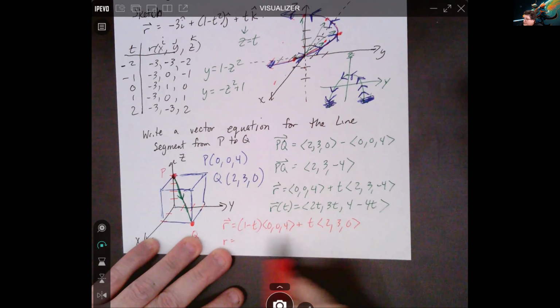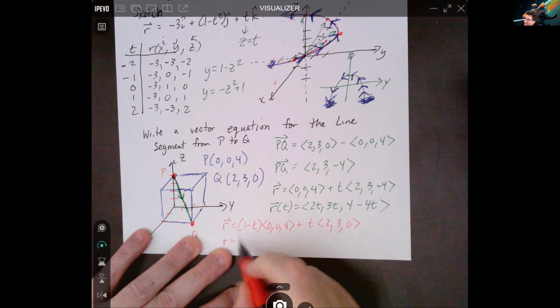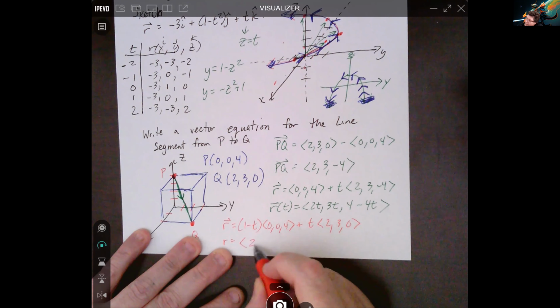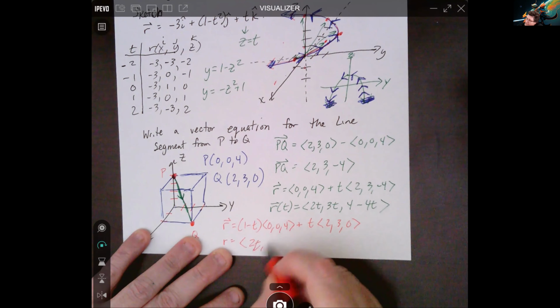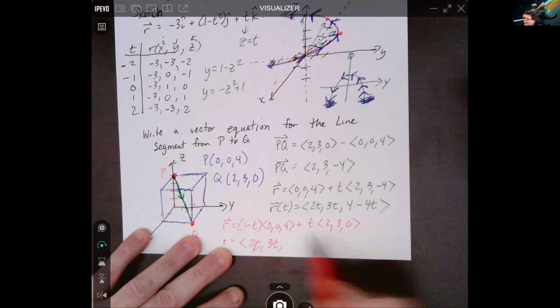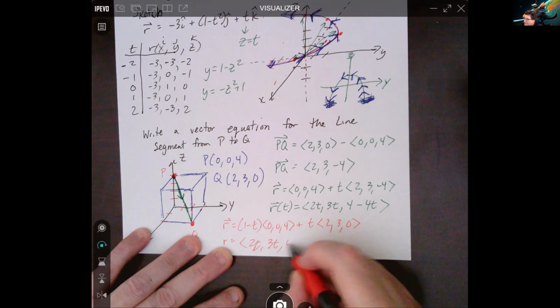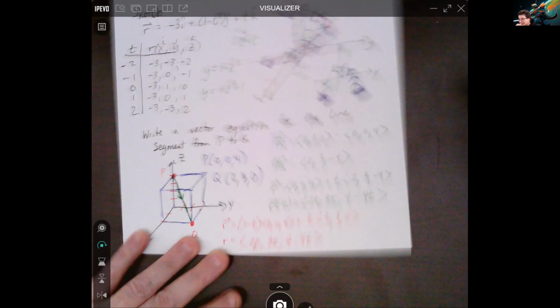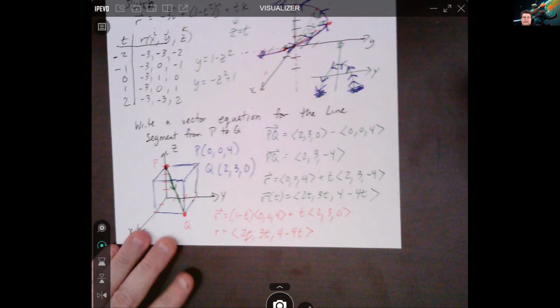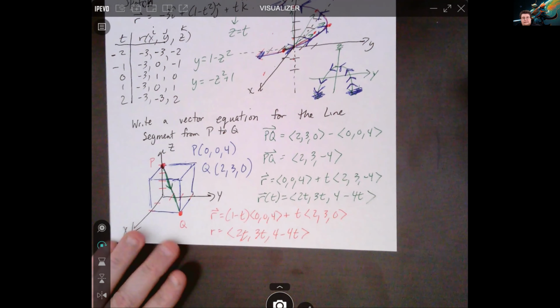Nothing is getting added in the Z component for the second part, only in the X and Y components. So I've got 2T, 3T, and then 4 times 1 minus T is 4 minus 4T. A little less work, huh?